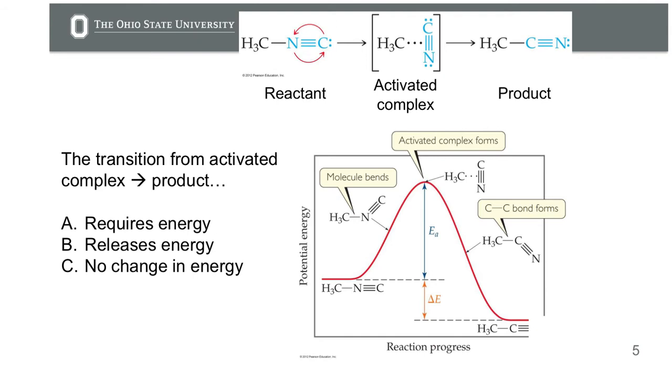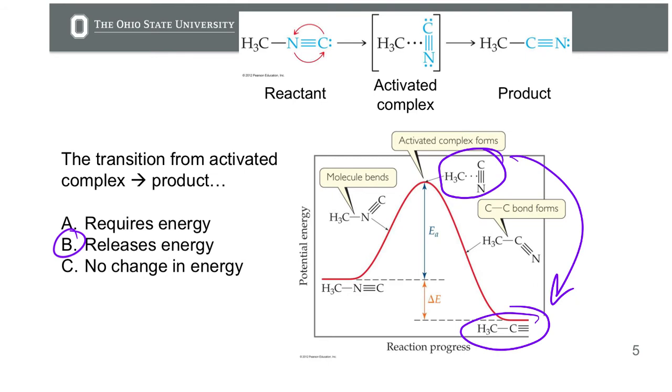If we're looking at going simply from the activated complex to the product, only that side of the reaction, so transition state to product, now this is all downhill, okay? And so in that case, we see a release in energy.